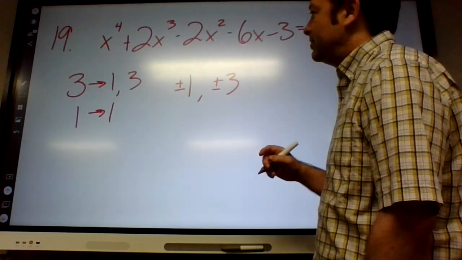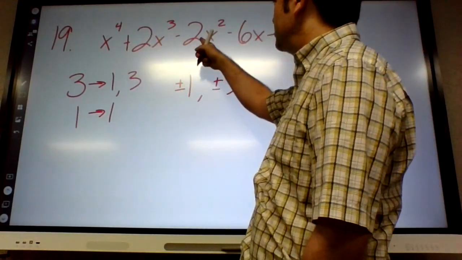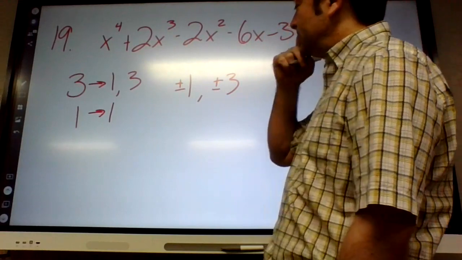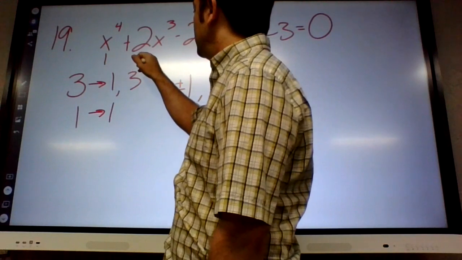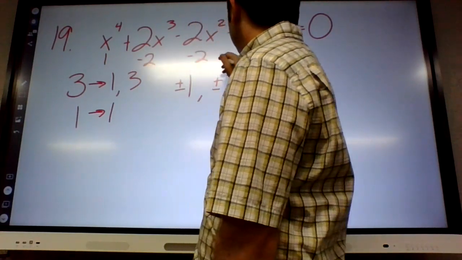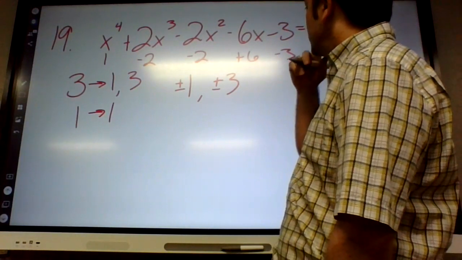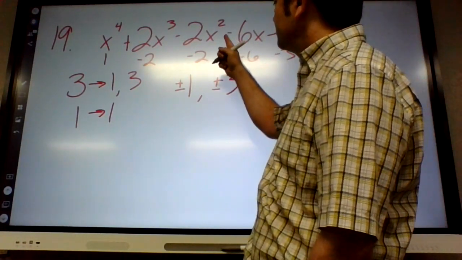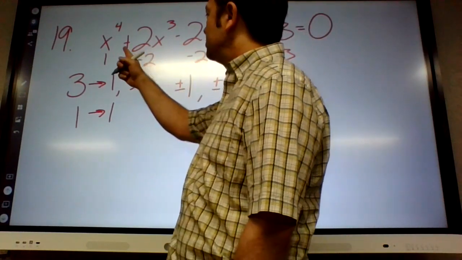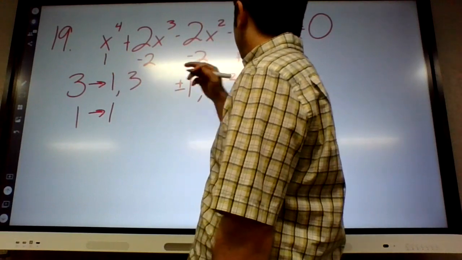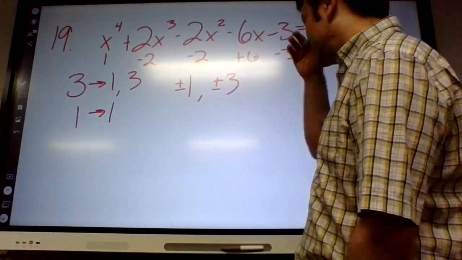All right, so let me plug in 1. It'd be 1 plus 2 minus 2, 1 minus 6 minus 3. No, that's not 0. Okay, -1. That would be positive 1, -2, 2 plus 6 minus 3. Wait, did I do that right? So we got 6 plus 1 is 7, minus 2 minus 2 minus 3 is minus 7.